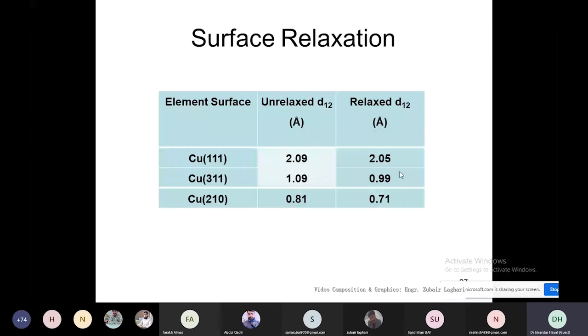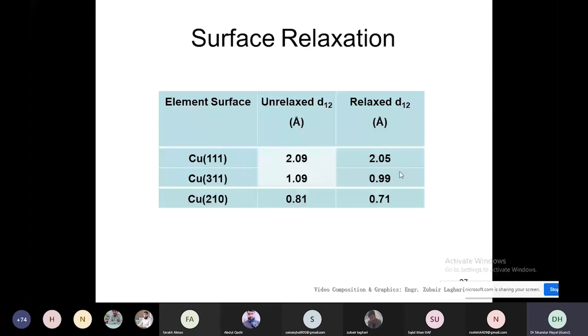We have seen relaxed and unrelaxed surfaces for copper 11, copper 31, copper 210, and these are the values. There is a little difference on the surfaces, while there is no noticeable difference inside the bulk. It is appreciable only at the surfaces.